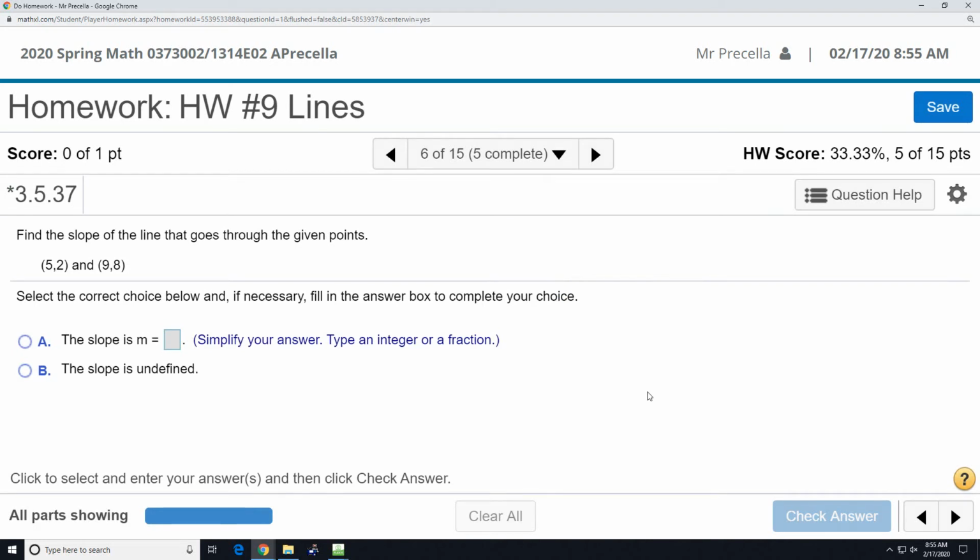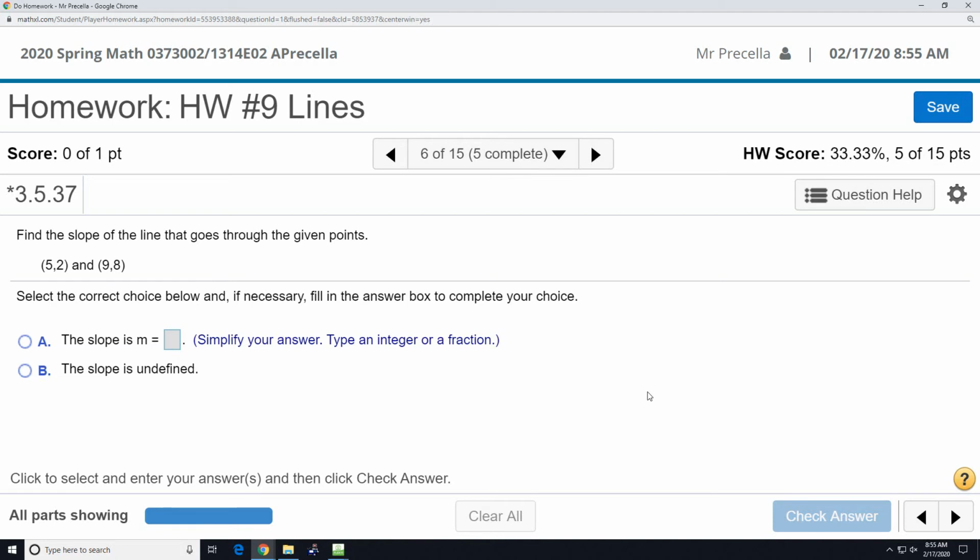Now, problem number 6 says find the slope of the line. But instead of being given the line, they just give us 2 points. So what you can do is plot the 2 points and then count rise over run. But let's suppose it wasn't 5, 2. Suppose it was 51, 27.